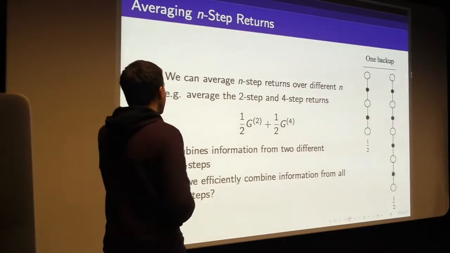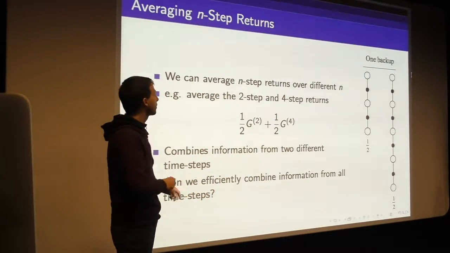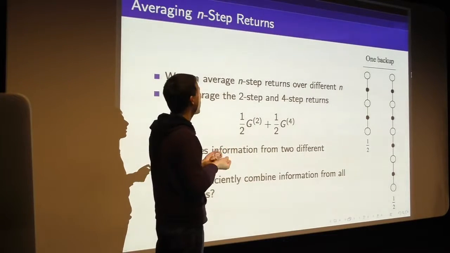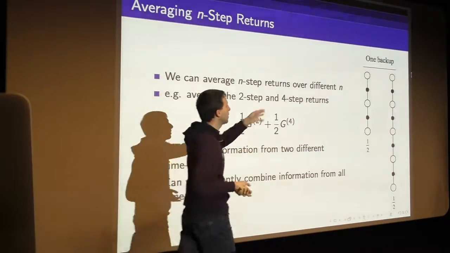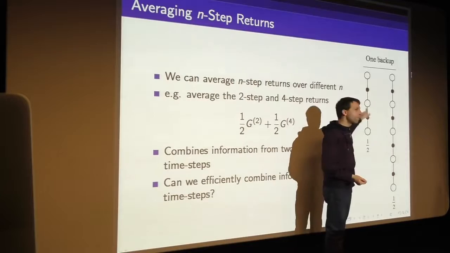So how do we do that? The way to do that is to notice that we can average over these n-step returns. We don't have to just commit to one of them. We can take a target which combines multiple n-step returns together. For example, consider this case where we're going to do one backup towards the average of both of these.